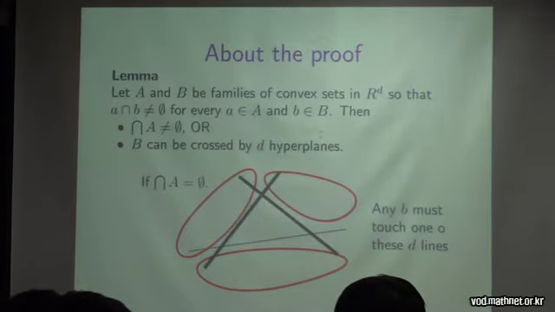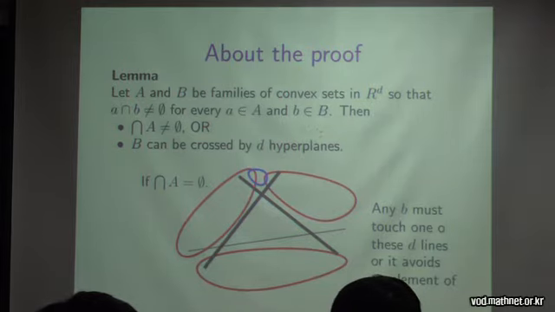Now take any d of these hyperplanes. I want to show that these d hyperplanes intersect all of the elements of B. So imagine that there is an element that doesn't touch any of these hyperplanes. Then it has to be contained in one of the cells. But it has to be contained in the one that's common to all of these half spaces, because it has to intersect every red one, every element of A. But that means it doesn't intersect this one.